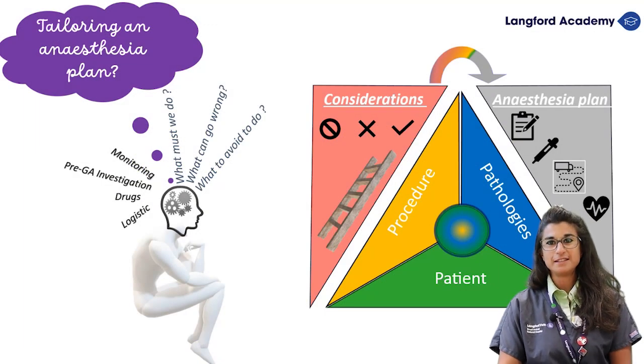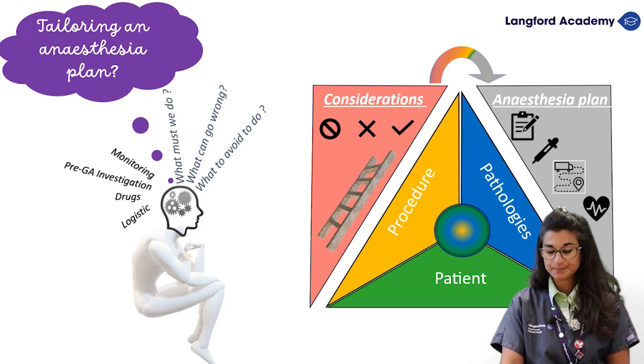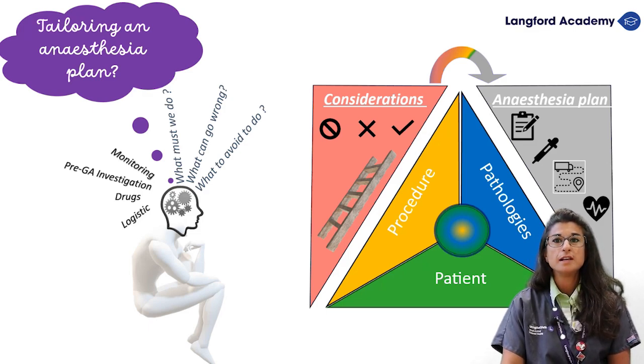Just before going into depth in those cases, I want to remind you of how to tailor an anesthesia plan. I have already presented those slides in a previous video on easy surgery for difficult cases.